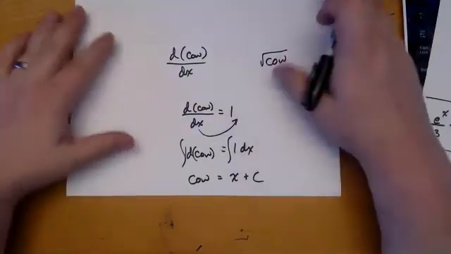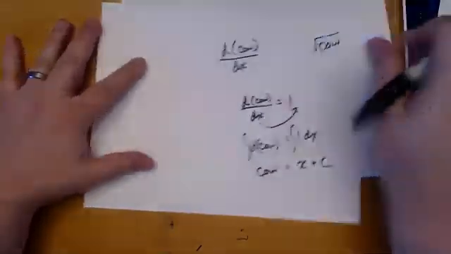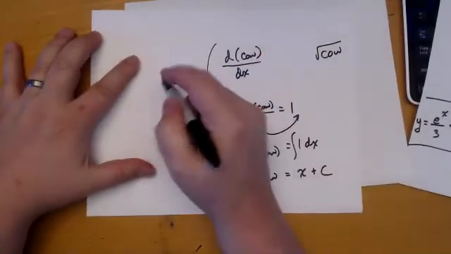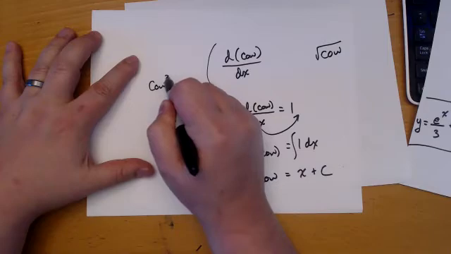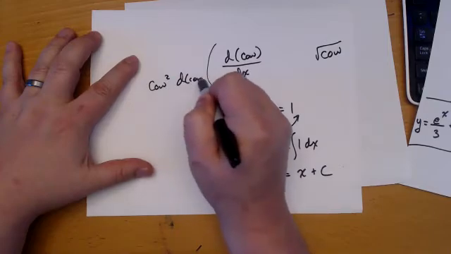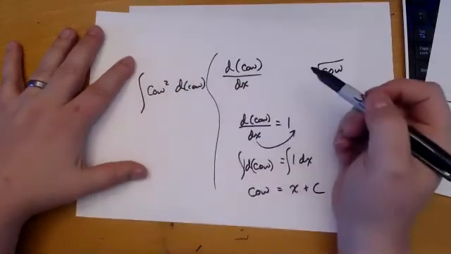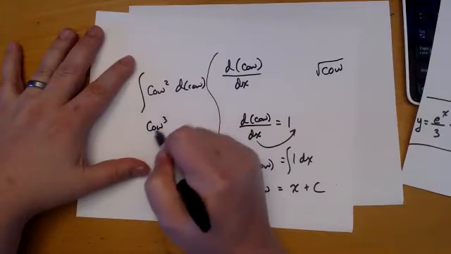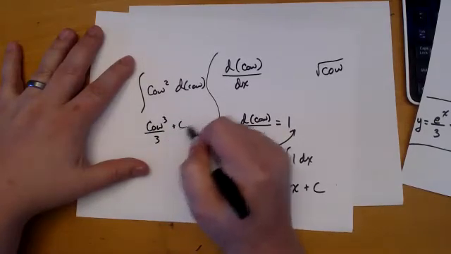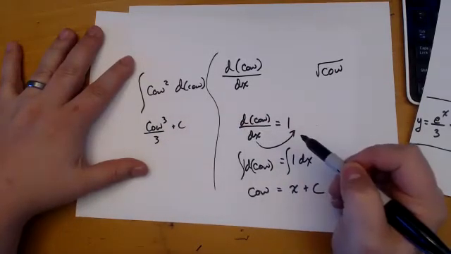Now if you had a function of cow, then this would be cow cubed plus c.